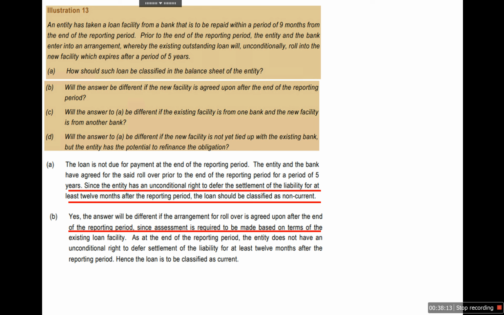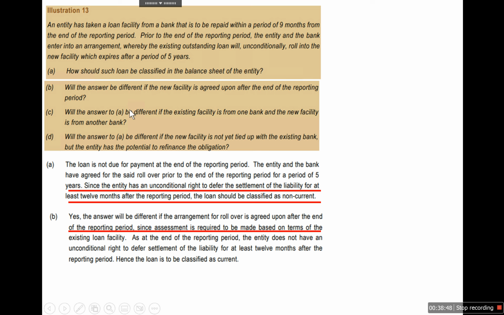But if the arrangement has been done after the reporting period, the refinancing agreement after the reporting period is a non-adjusting event, so we have to classify it as a current liability.